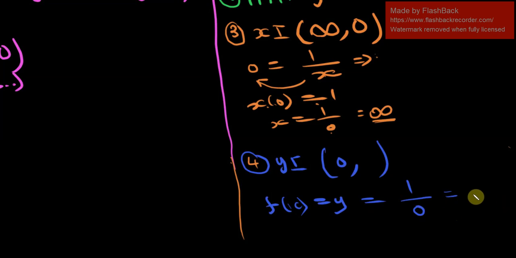Therefore we have 1 over 0, which is undefined on the calculator. We cannot divide by 0, so y is at infinity. Cool stuff.